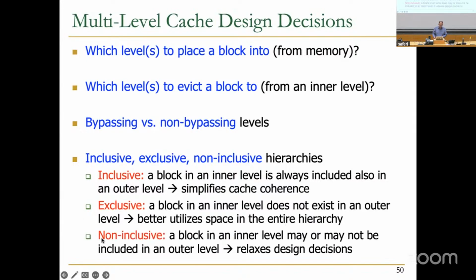But then there is also another way, which is non-inclusive, which basically means you don't care. So a block in an inner level may or may not be included in an outer level. That relaxes design decisions. Meaning that, for example, when you access L1 and you miss, you go to L2, you may find your data in L2 and you bring your data to L1.